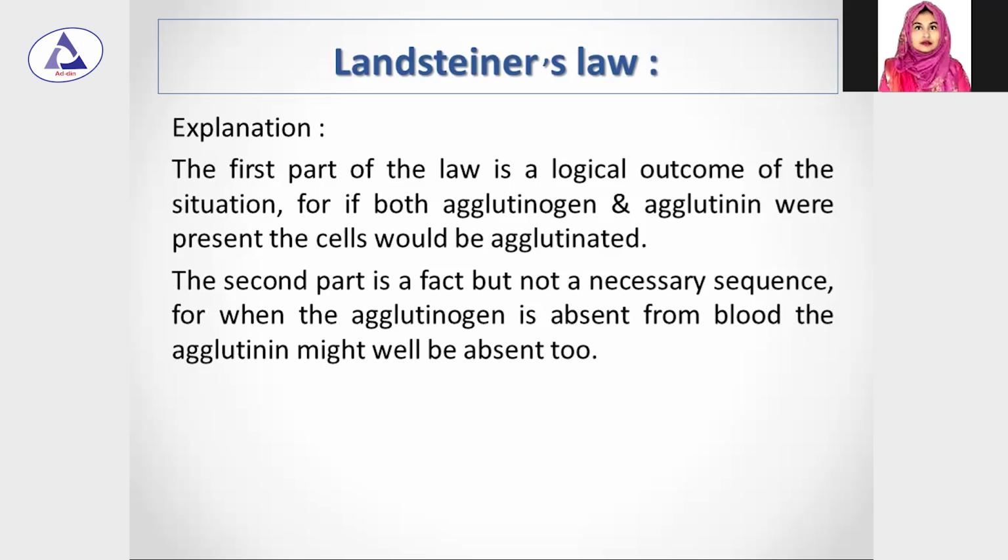It obeys both parts of Landsteiner's law. That is, agglutinogen present, agglutinin absent; and agglutinogen absent, agglutinin present. But the other two main blood groups, Rh or rhesus blood group and MN blood group, do not follow the second part of this law.